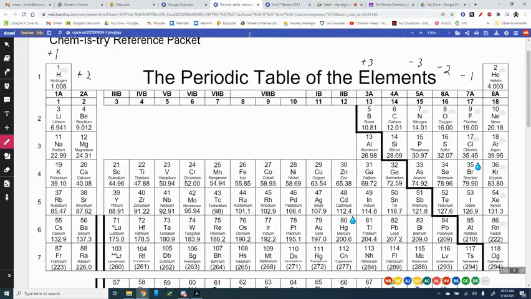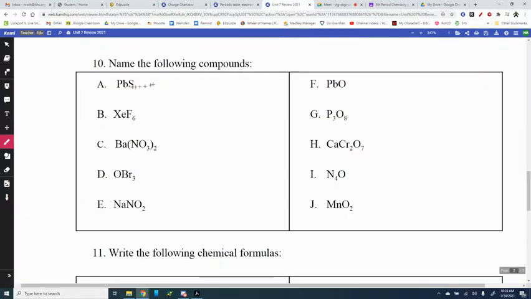Now, first thing we have to do is determine if this is an ionic compound or a covalent compound. Since lead is a metal, that means this is an ionic compound. If the first element was a non-metal, that would mean this is a covalent compound. But this first element is a metal, so that's an ionic compound.